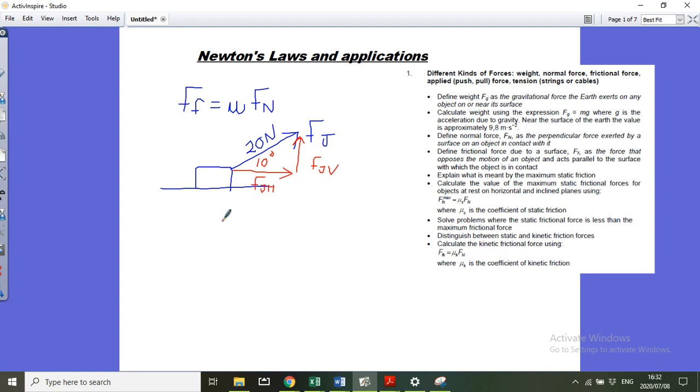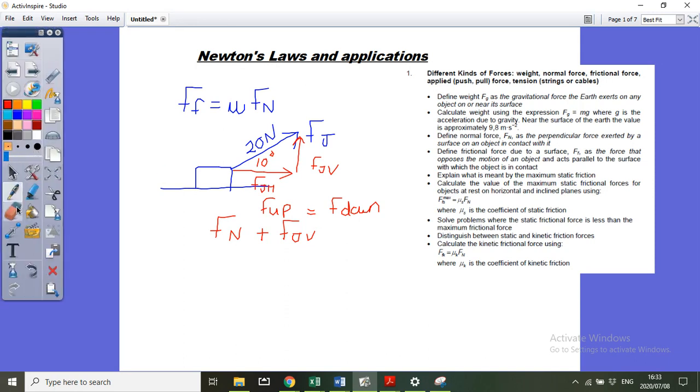So now if you look at that, you've got F normal that is acting up, and you've got F Julian vertical that's acting up. So there's two up forces. We're still using the same F up equals F down that we used in chapter 1. So please don't think it's something new.